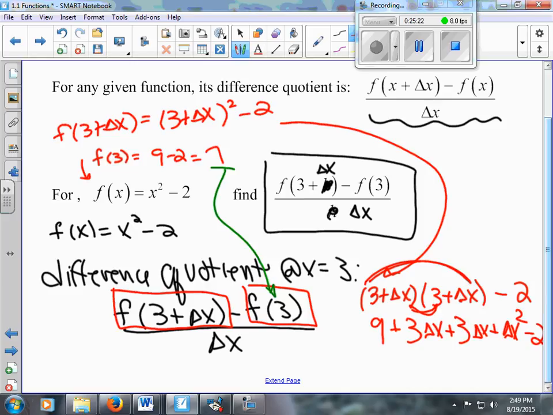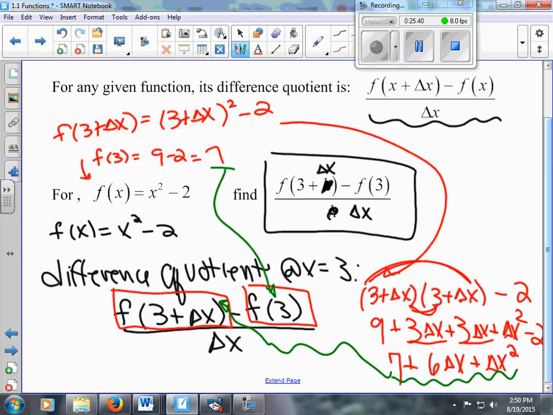So then I can simplify this, collect like terms. 9 minus 2 is 7. 3 delta x and 3 delta x, those are the same. That's 6 delta x. And then delta x squared. All right, so that is my simplified version of what was in this box here. And so what I've done in red is side work.